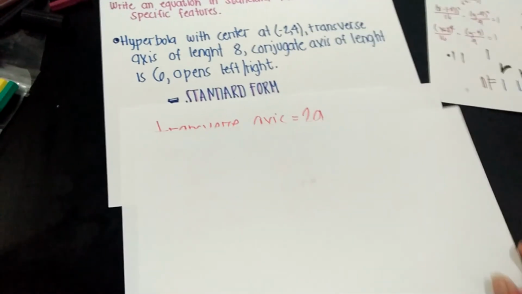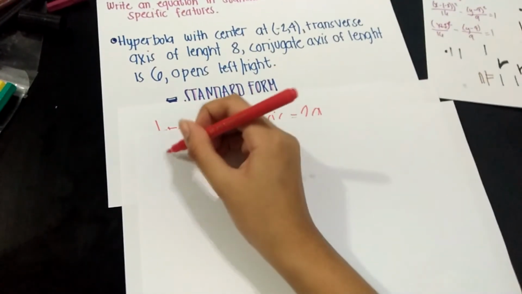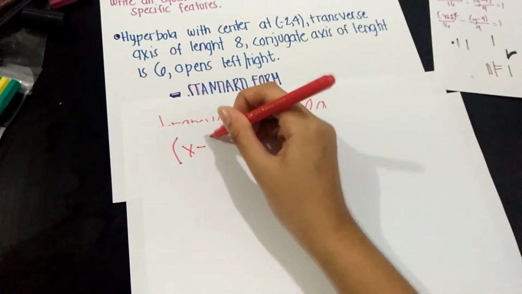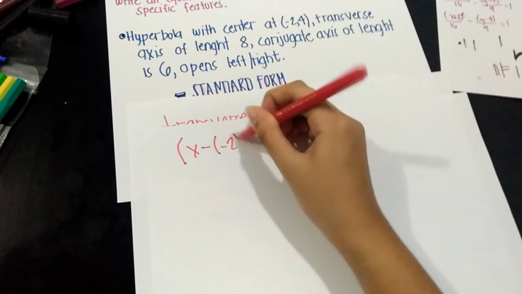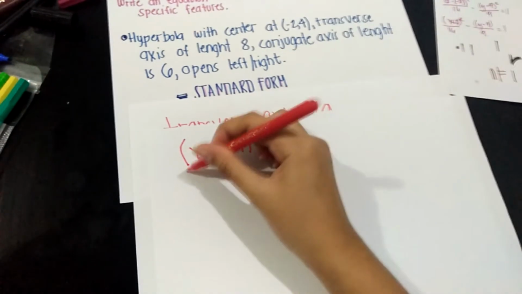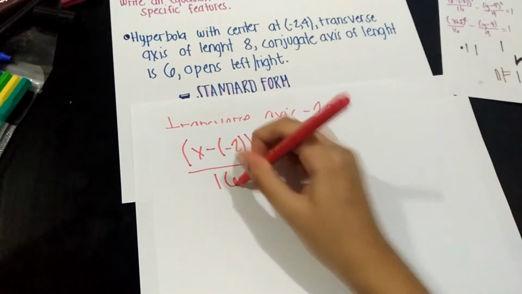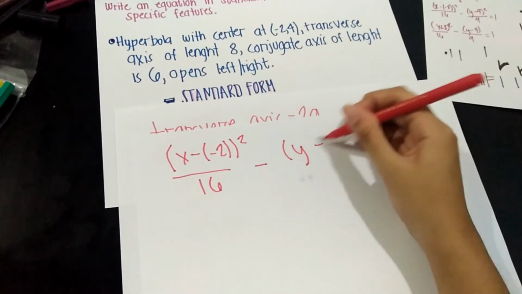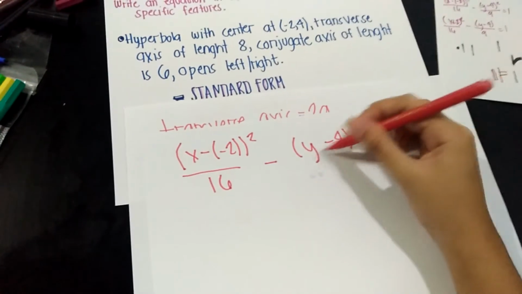You have to square them both. So 4 squared is 16 and 3 squared is 9. To square numbers, you just multiply the number by itself. In this formula, your a squared is 16 and your b squared is 9.